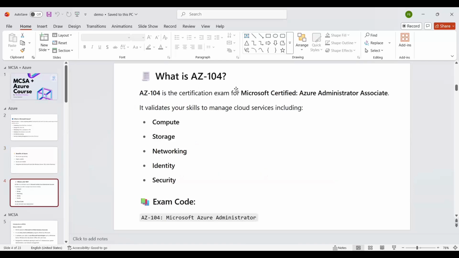So what is AZ-104, right? Like in a normal student's life, we have some sort of degrees like BTech, MTech, BCA, MCA, right? What the degrees are actually doing is just validating your knowledge, right?